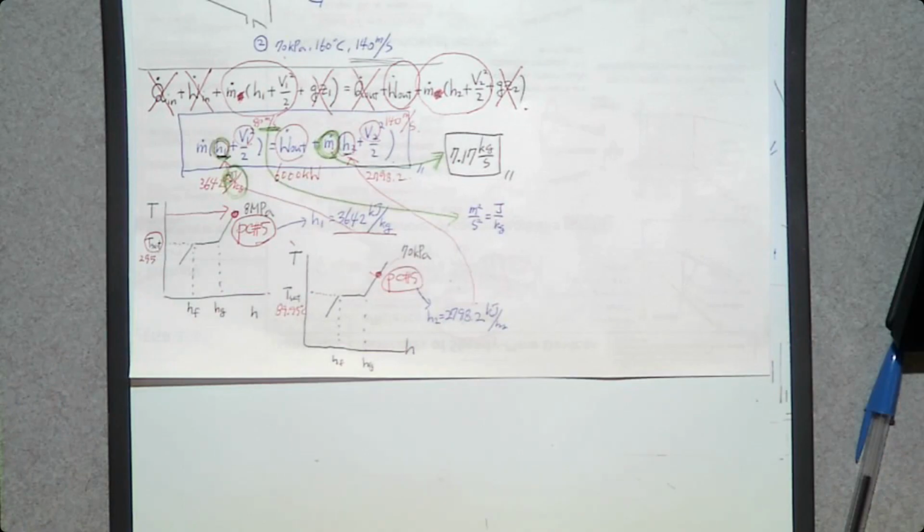The same goes here. I didn't say 6 megawatt. I wrote 6,000 kilowatt. So you don't need to worry about any unit conversion in the equation. Any question about the first part of this problem?